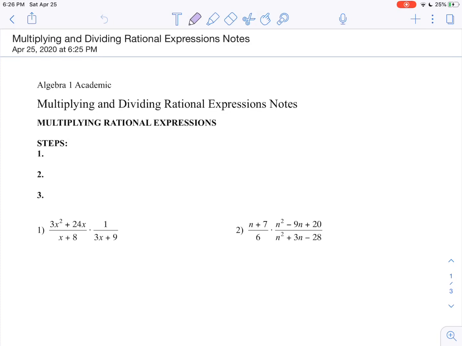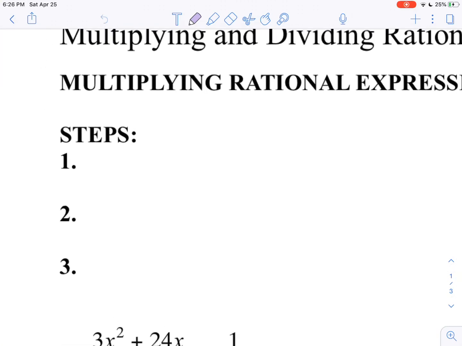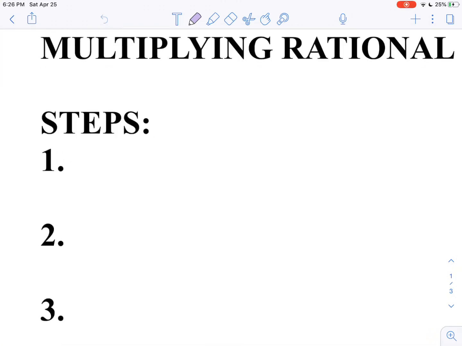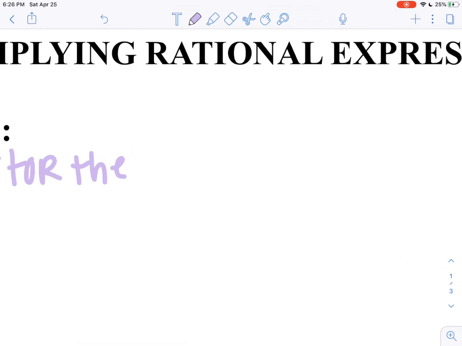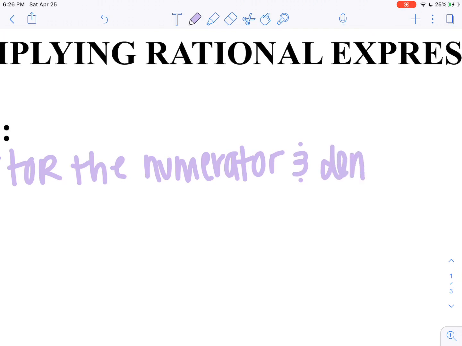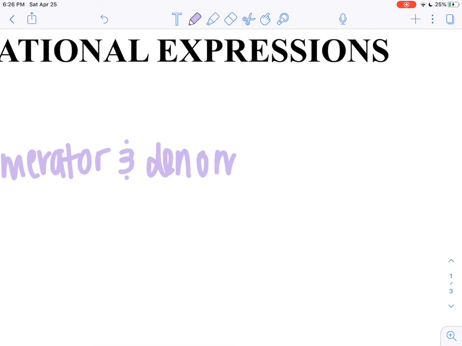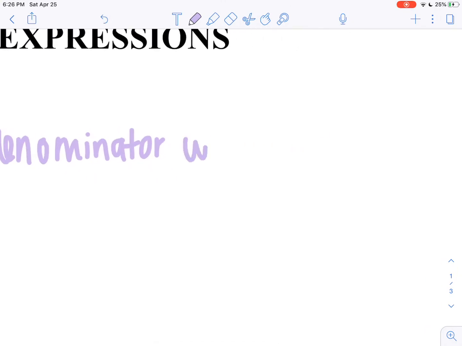Okay, multiplying rational expressions. So there's a few steps that you have to follow when you are multiplying and dividing rational expressions. So the first thing you need to do when you're multiplying is to factor the numerator and denominator when possible.